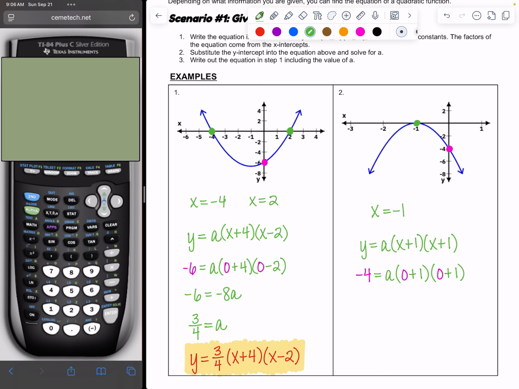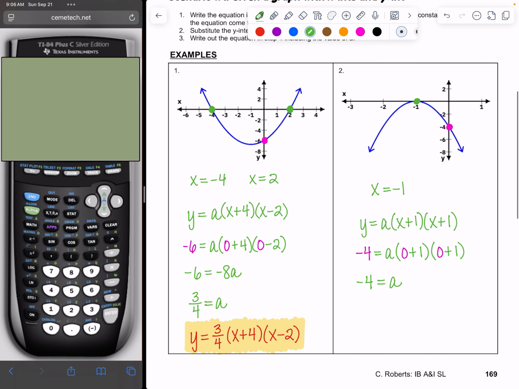Now that we have that, we can simplify. So that's -4 equals 0 plus 1 is 1, and 1 times 1 times a is just 1a, meaning that a is equal to -4.